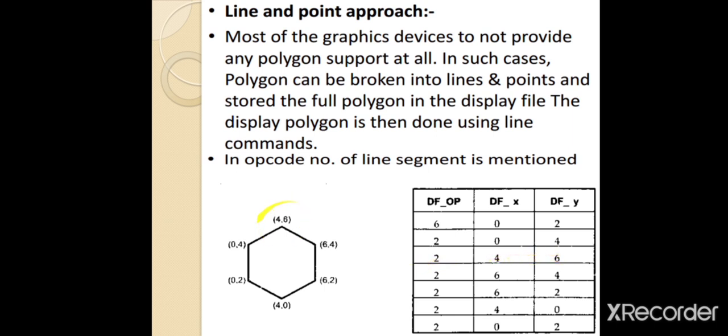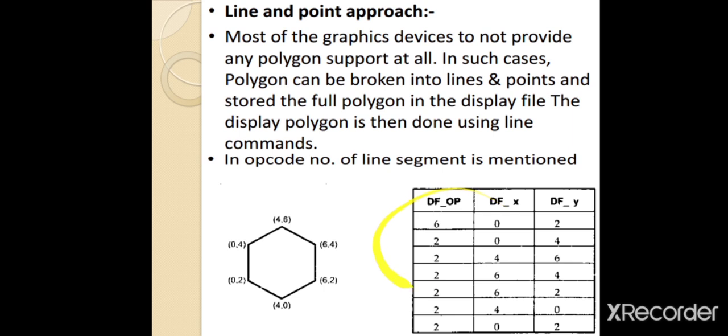Similarly, to draw a line towards 6, 4, once again 2, and the end coordinates x and y are 6, 4. Then 6, 2. Next to that there is 4, 0. And at the end we have to complete a closed loop, so once again we write 0, 2.